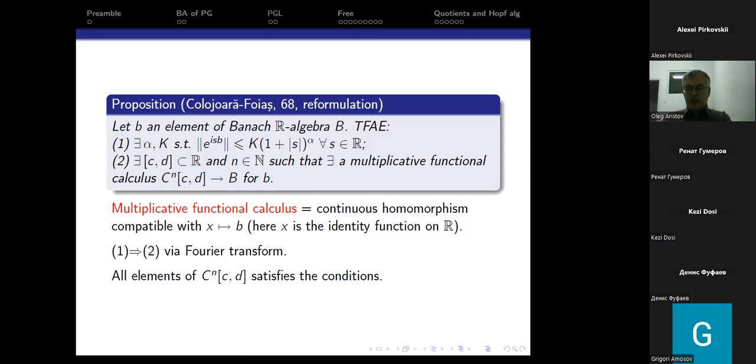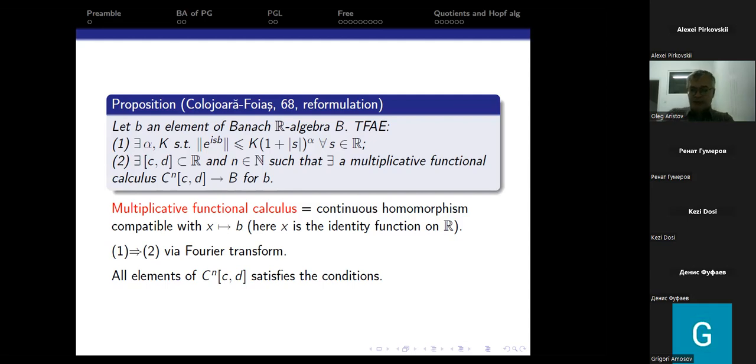And the second condition is that there is a multiplicative functional calculus from the algebra of functions with continuous nth derivative on some interval.